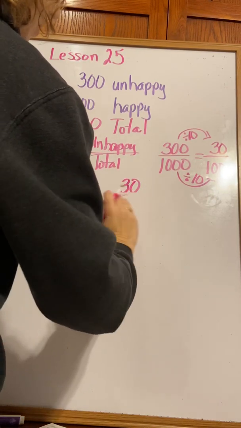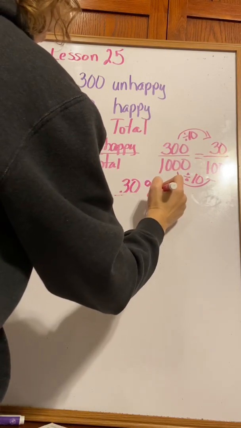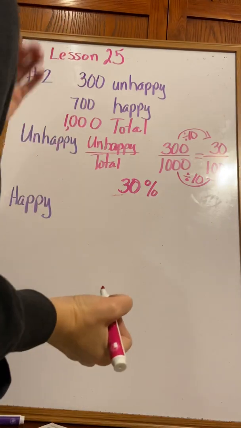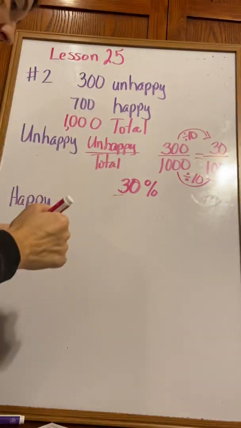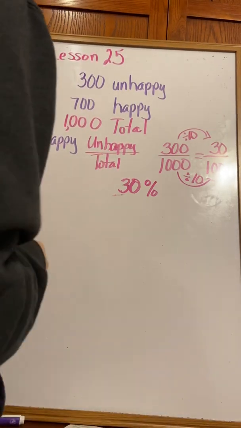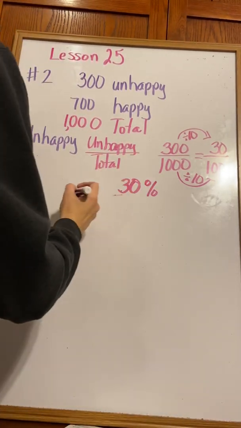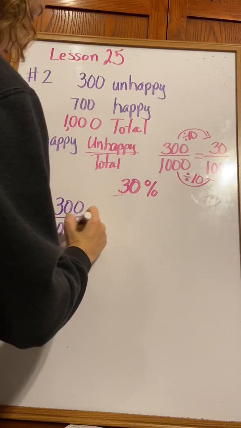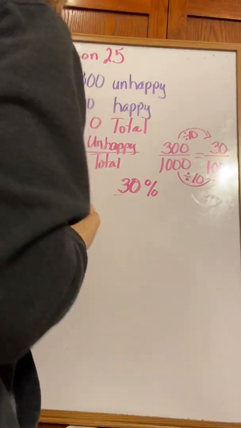Whoops, I don't know why I put a fraction bar there. 30%. Now, let's go back and look at the fraction again. In fact, I think I'm going to erase my happy for just a minute. Let's go back to the fraction. 300 out of 1,000. Let's simplify that.